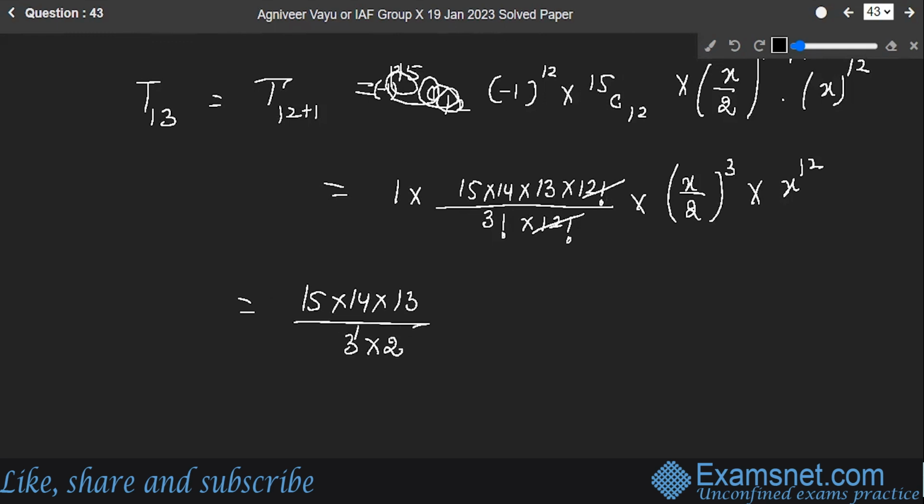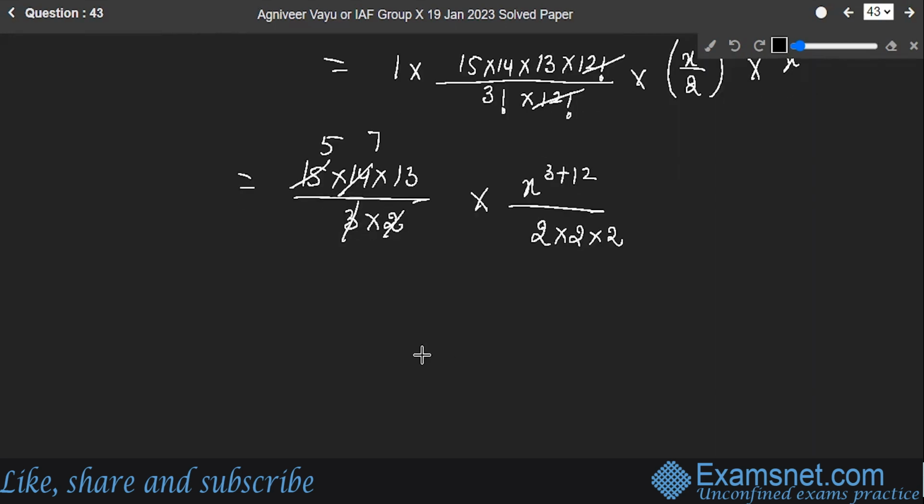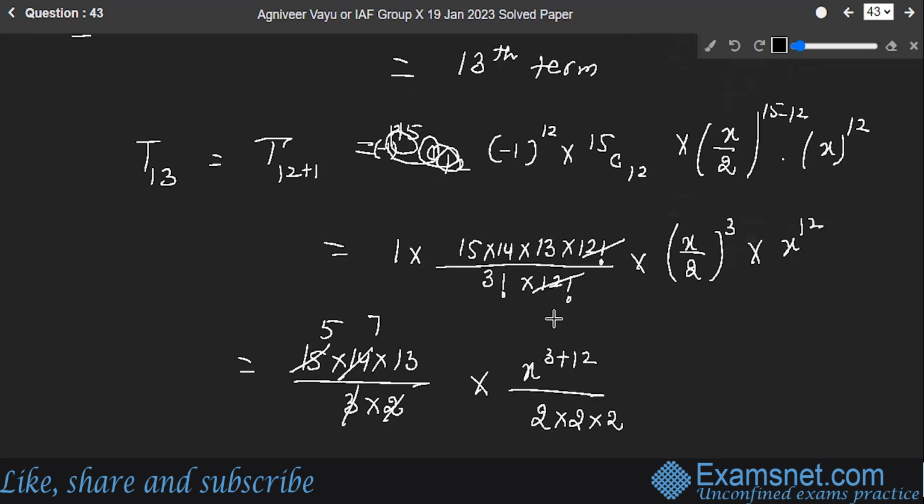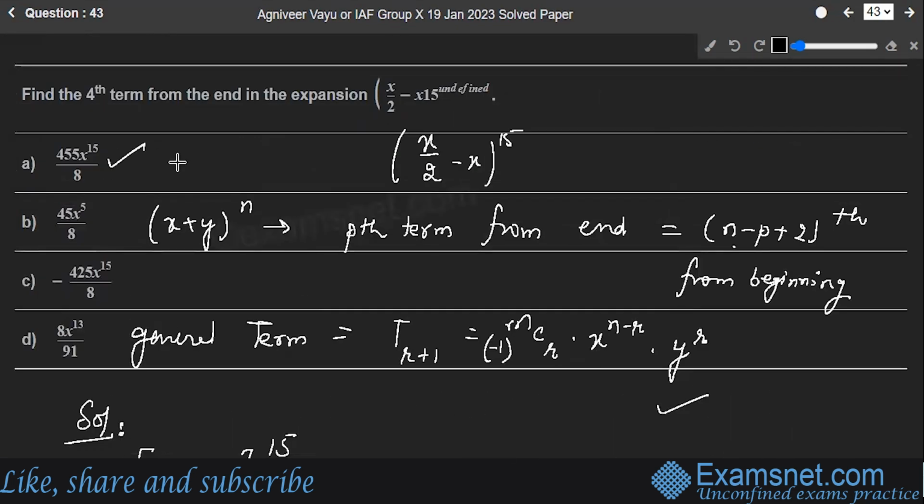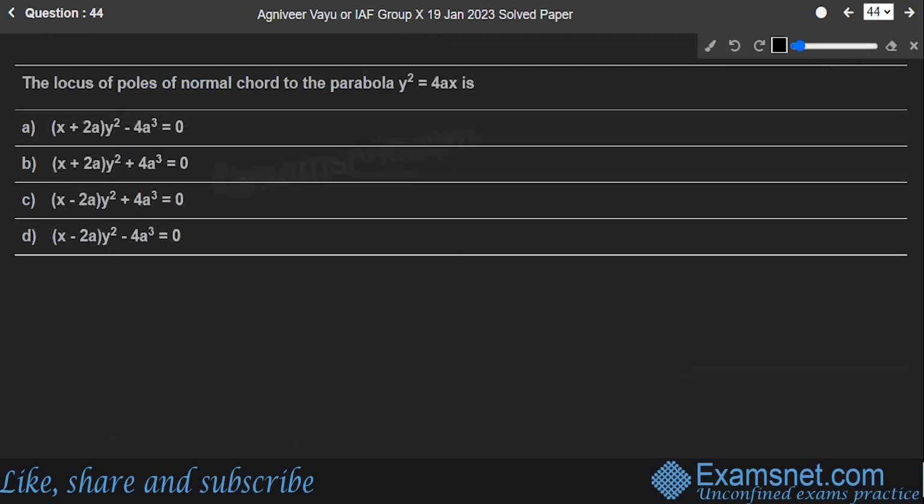So this 3 will go into 15 five times and this will go into 14 seven times. Multiply x raised to power 3 plus 12 upon 2 into 2 into 2, that is 8. No cancellations are there. Further, you have to do the calculations. So this is 455 into x^15 upon 8. This is the correct answer to the question, option A. Hope you got this. Next is question number 44.